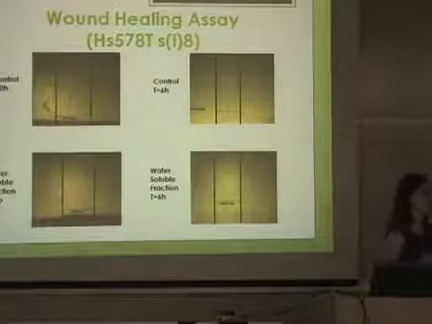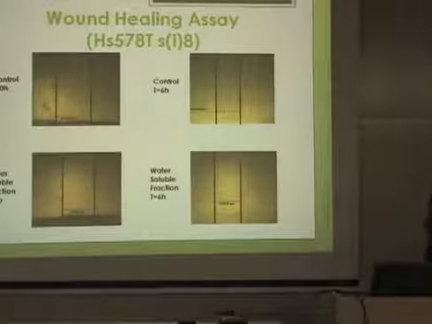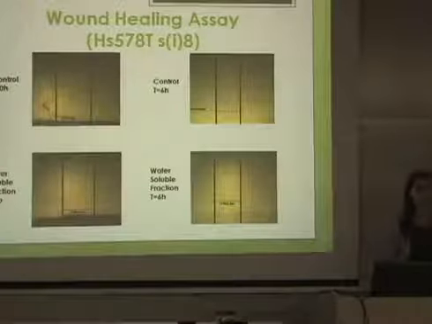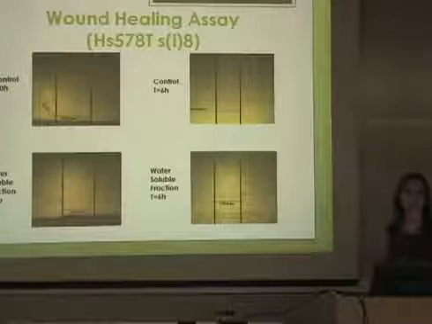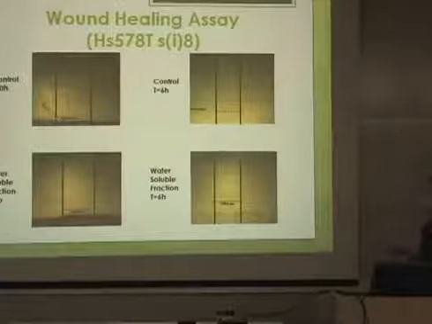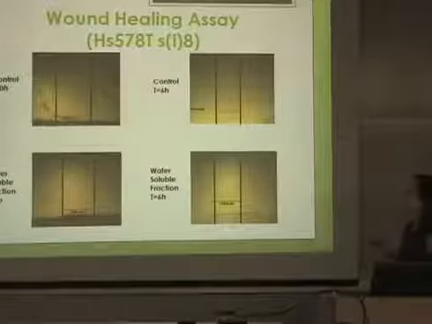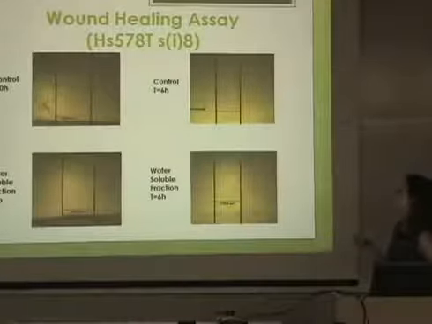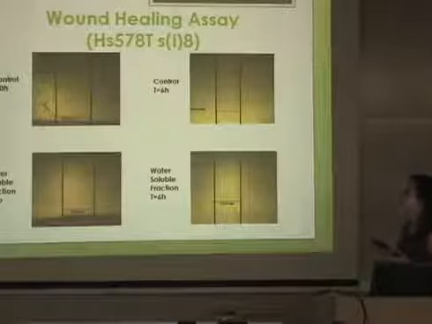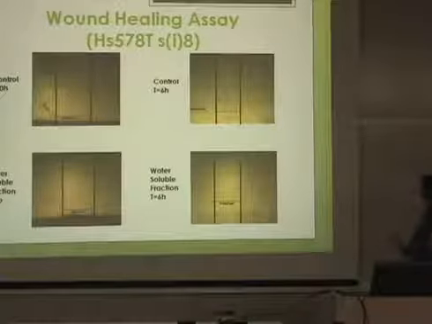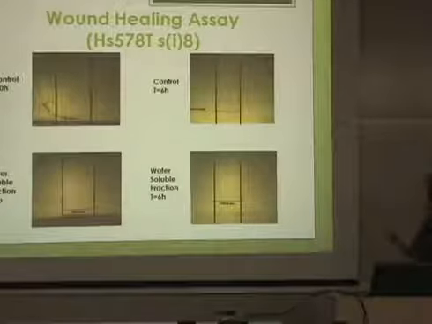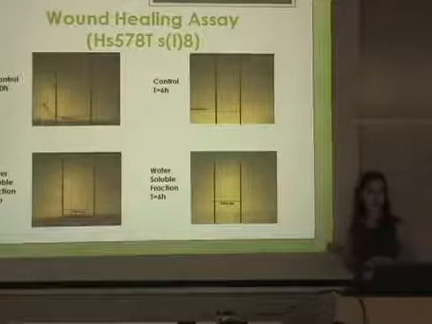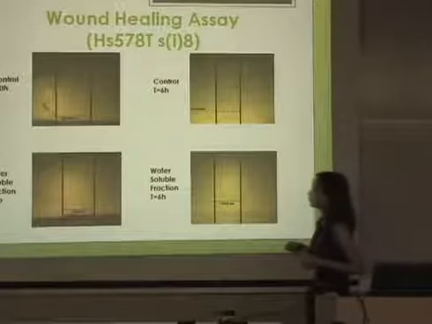After we knew that our samples and extract, as a matter of fact, did not inhibit the growth or have a toxic effect, we performed a wound healing assay. As you can see here in our control, we made a wound in a confluent monolayer of cells, and after 6 hours, we were able to see that the control actually moved faster than one of our samples, which was the water-soluble fraction.